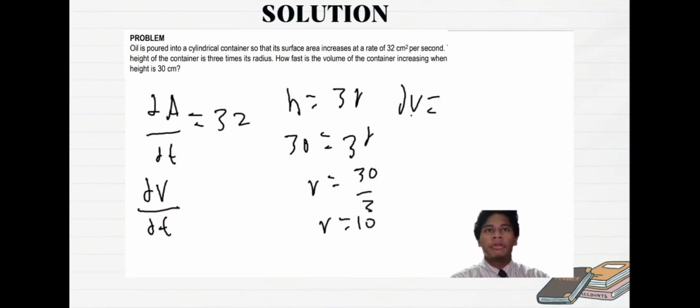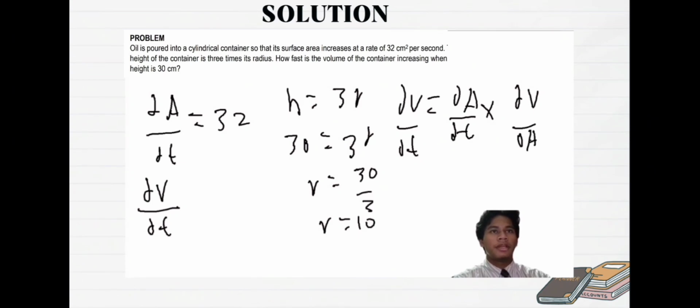we need to make our own equation, which is dA/dt times dV/dA. Since we can cancel out the dAs, dV/dt will be the only thing left.